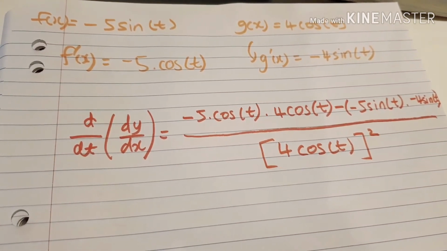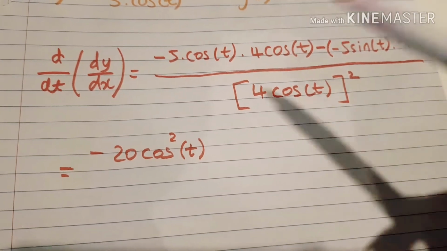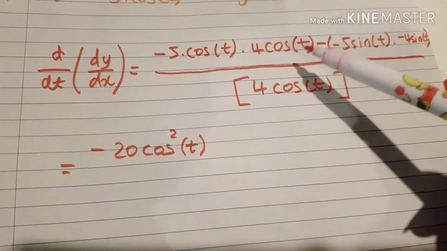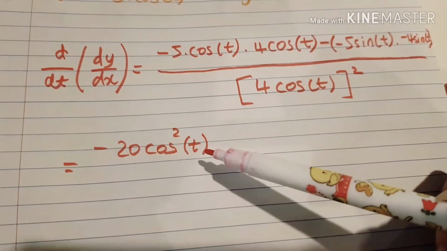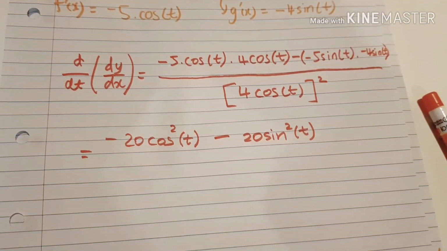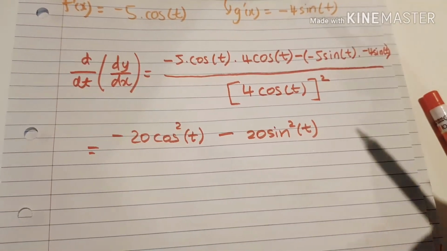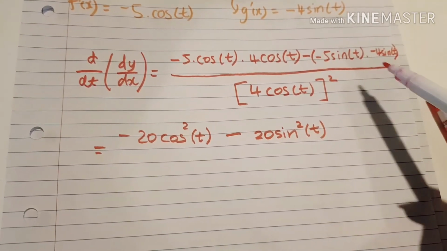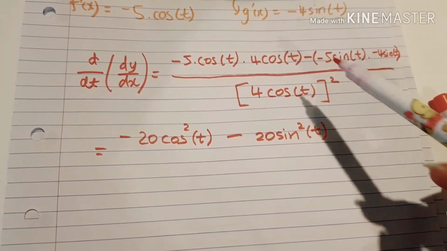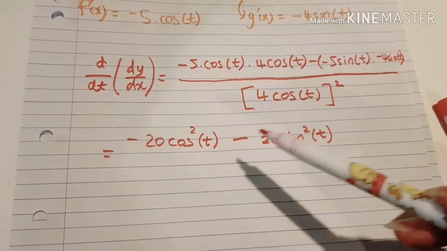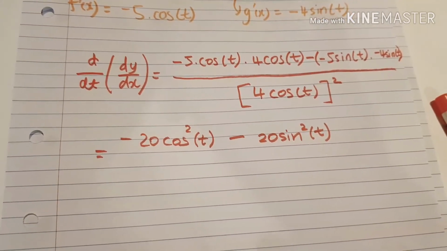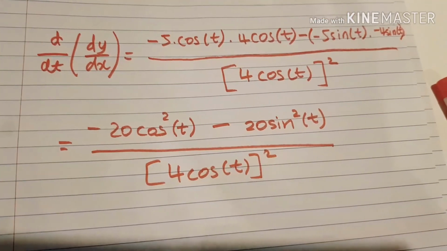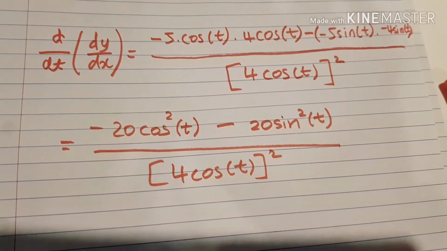Let's simplify. The first section, negative 5 times 4 cos will be negative 20 cos squared t. Okay, it's followed by negative 5 times negative 4 is positive 20, sine will be sine squared, and minus in front, so therefore minus 20 sine squared t. And I just let the bottom one as it is.